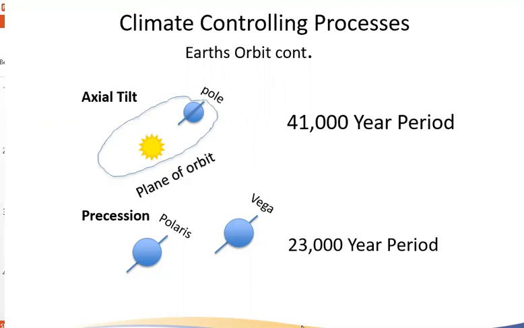So it's this tilt that is largely responsible for our seasons. It oscillates between about 21.5 degrees and 24.5 degrees on a cycle, as you can see, of about 41,000 years. And the degree of the tilt affects the severity of the seasonal changes. Less tilt, that is moving more towards the vertical, more evenly distributes solar radiation over the Earth.